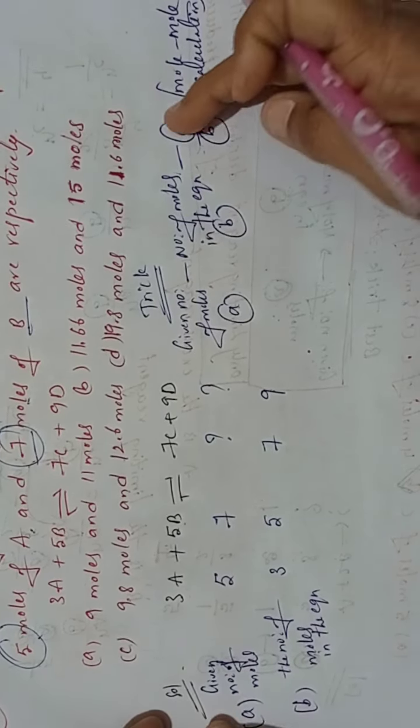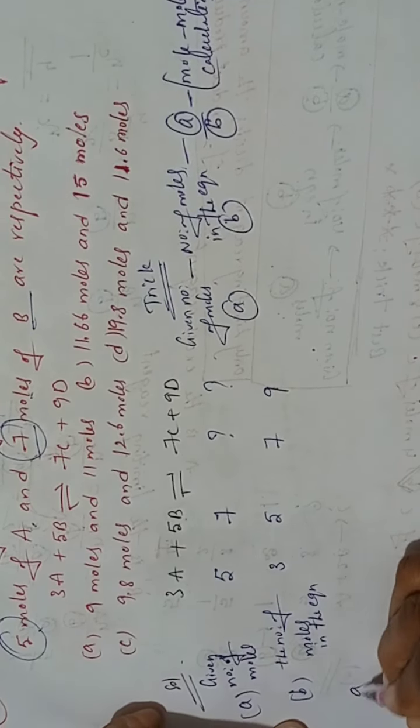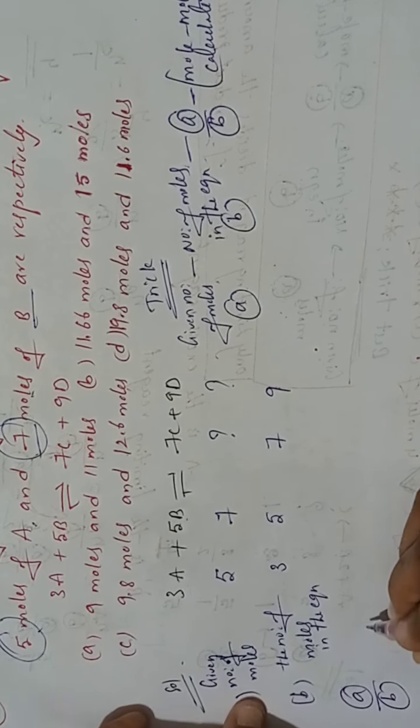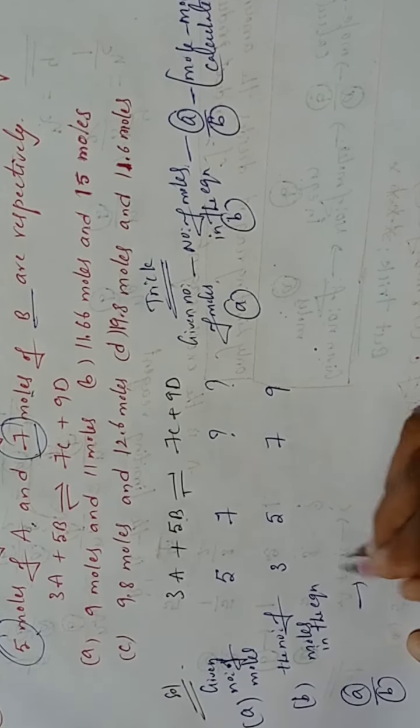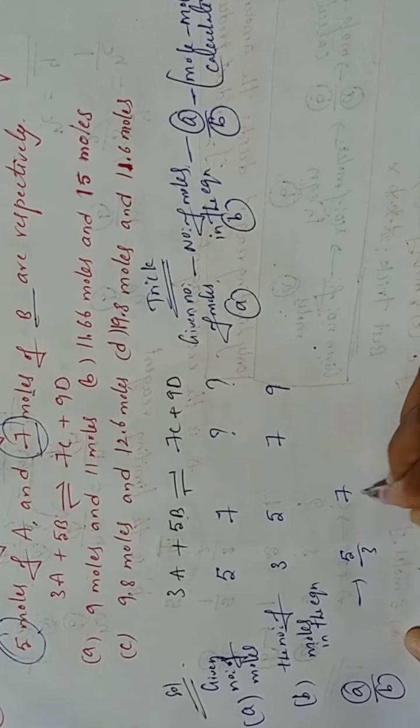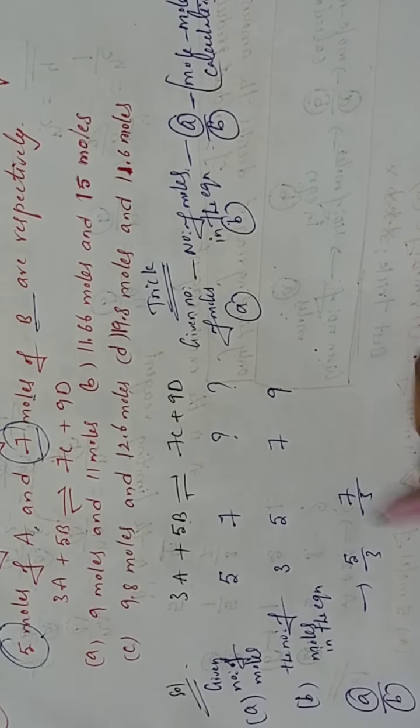Second step over. Now A by B, third step. A by B, here you will get 5 by 3 and 7 by 5.